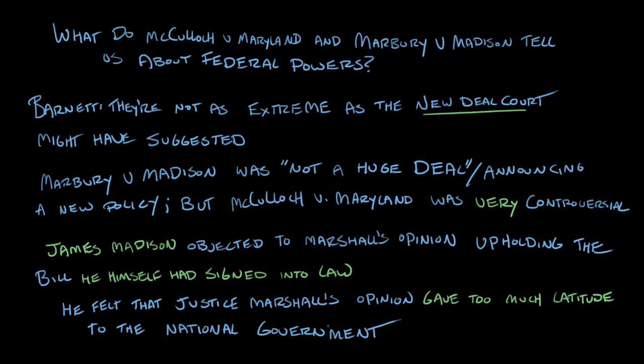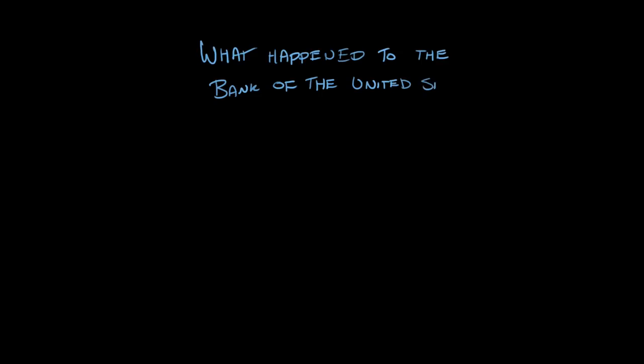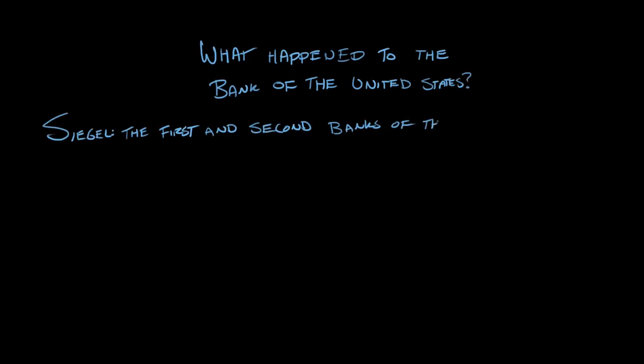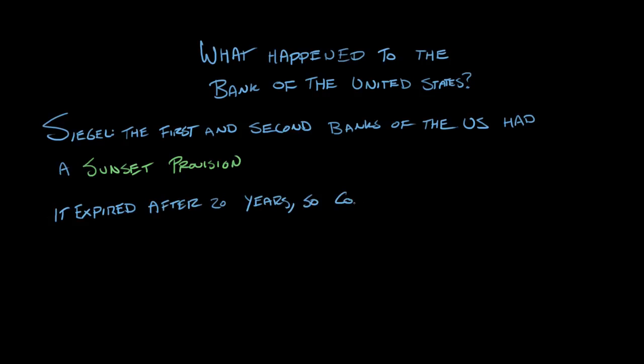So what ultimately happened with the Bank of the United States? What ultimately happened is both the bill creating the first bank and the second bank had what's called a sunset provision, which means after a certain amount of time, and it was 20 years, it expires. And so to reauthorize it, it puts the burden of inertia on those who want the thing to continue.